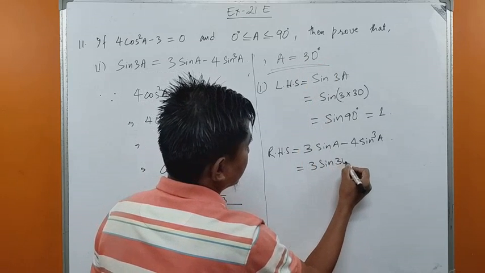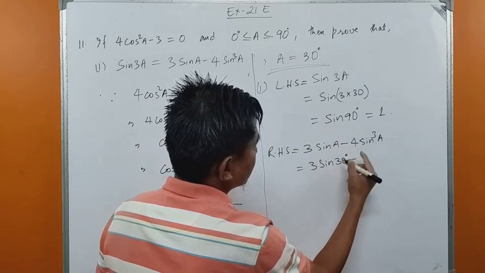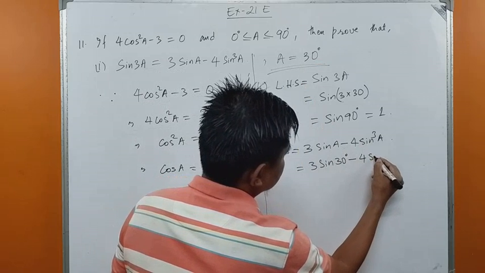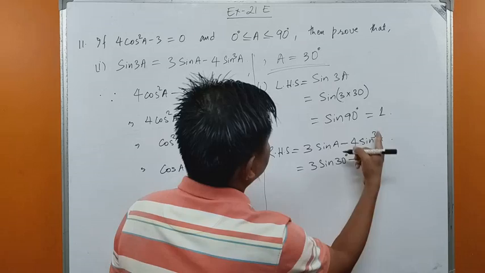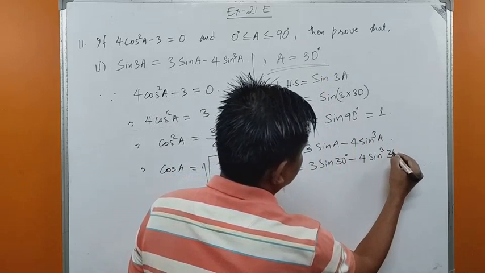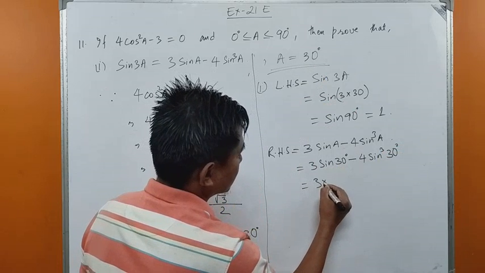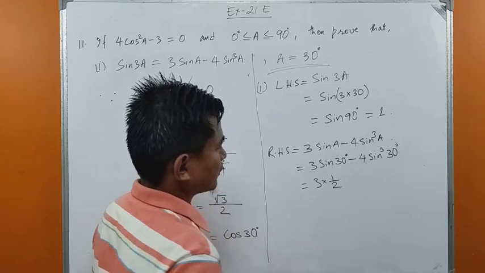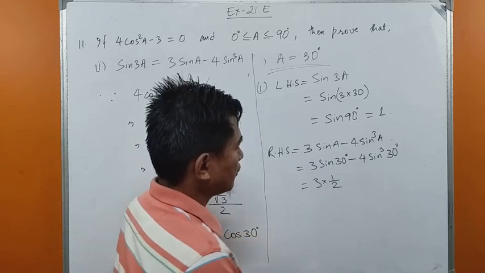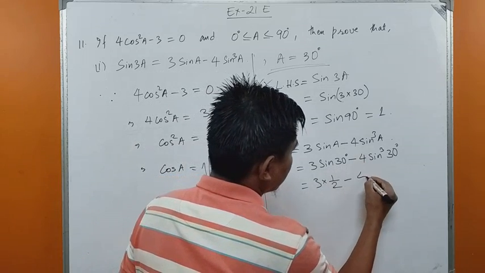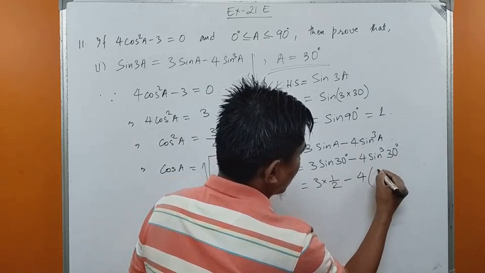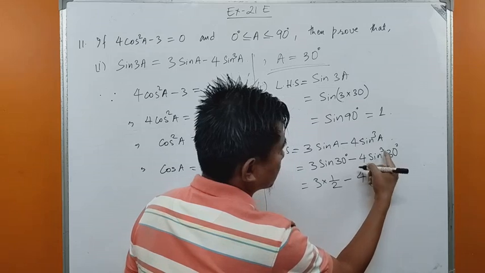We put the value of A, minus 4 sin cube A, A means 30 degree. So 3 sin 30. Sin 30 means 1 by 2, minus 4 sin 30 means 1 by 2, and this is cubed.